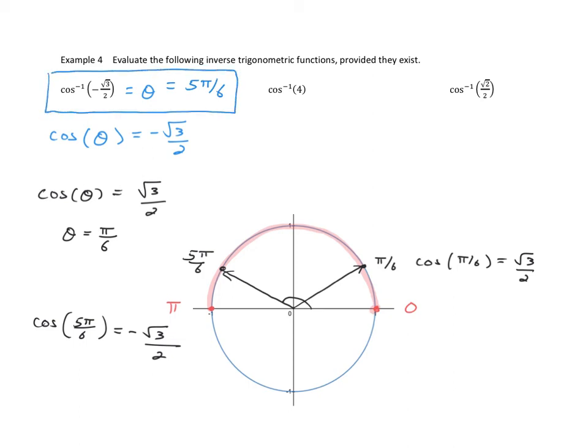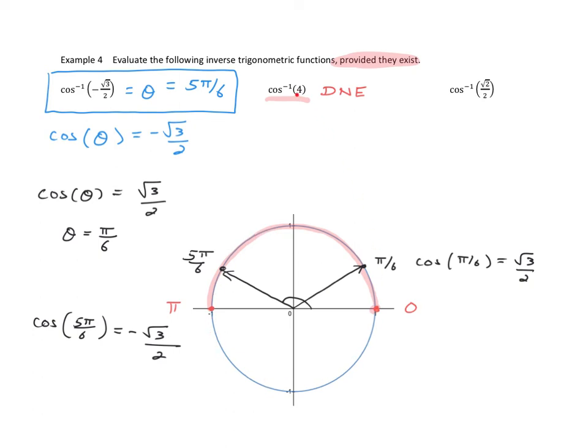What about cosine inverse of 4? I didn't mention this at first, but I added this, provided they exist. It turns out that this does not exist. So I'll put DNE for does not exist. Now, why is that the case? Cosine is defined by the x values that fall on this unit circle.